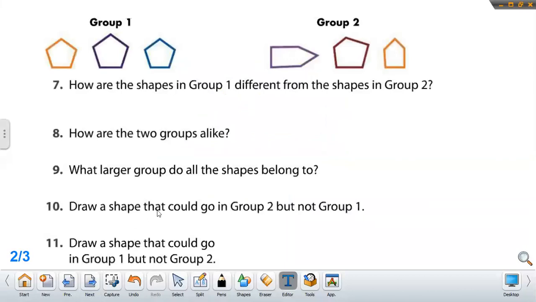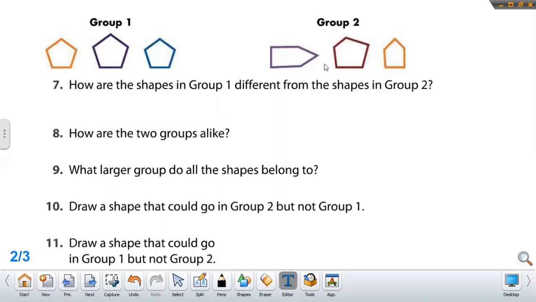For example, I have two groups of shapes, group 1 and group 2. We have to answer this question about them: how are the shapes in group 1 different from the shapes in group 2?